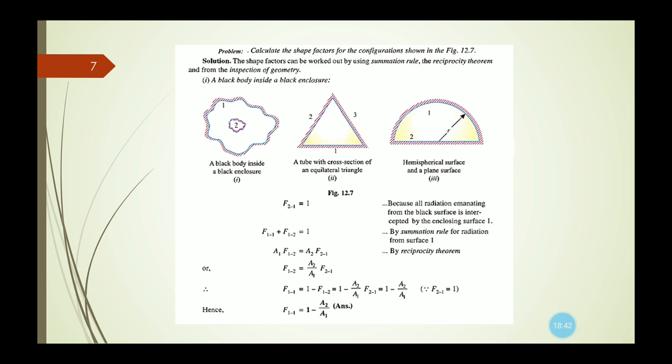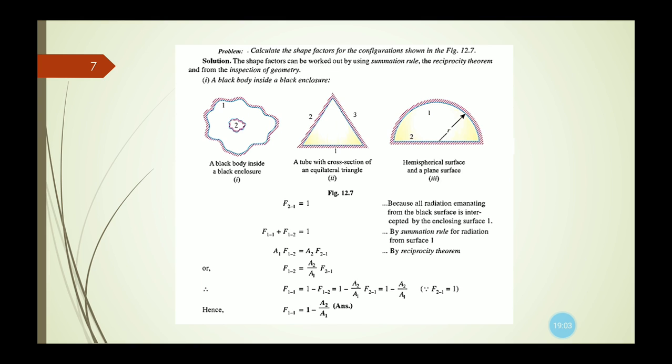So F11 is equal to 1 minus F12, and ultimately this is equal to 1 minus A2 by A1, because F21 is equal to 1.